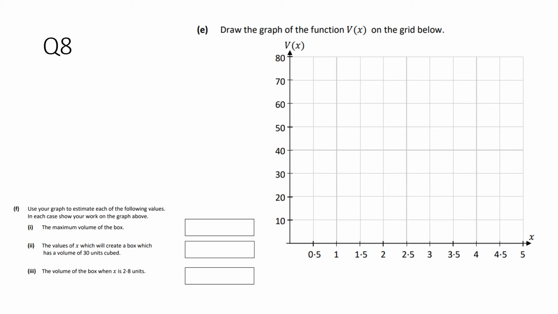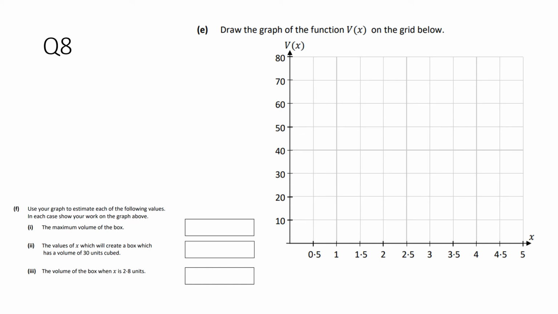So what we're going to do now is plot them. So 0, 0, remember 0.5 is around 40.5, 1 is at 64, 1.5 is at 73.5, 2 is at 72, 2.5 is at 62.5, 3 is 48, 3.5 is 31.5, and then 4 is 16, and then 4.5 is at 4.5, and 5 goes back to 0.